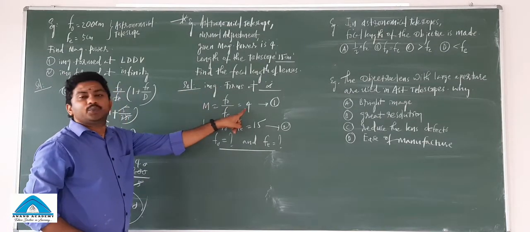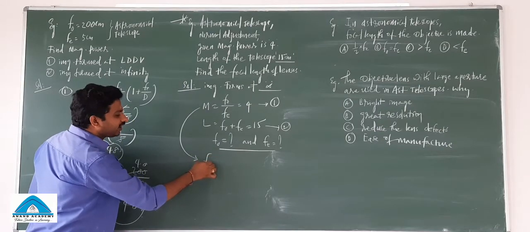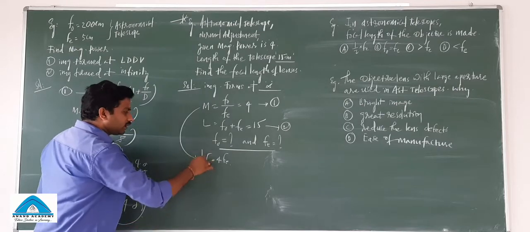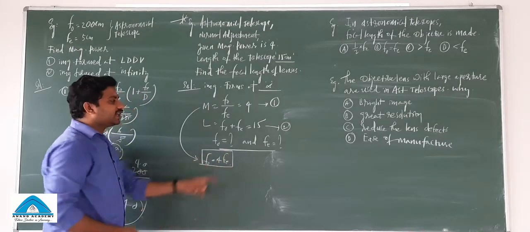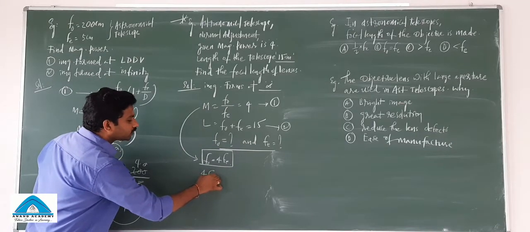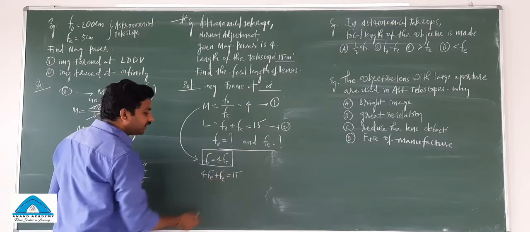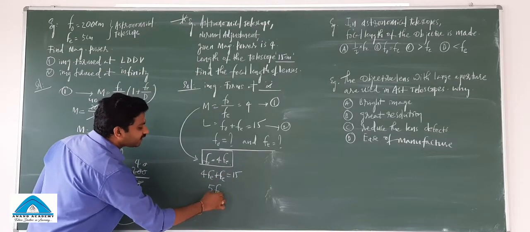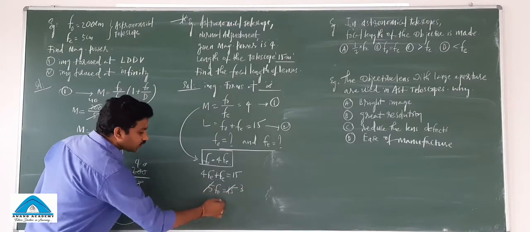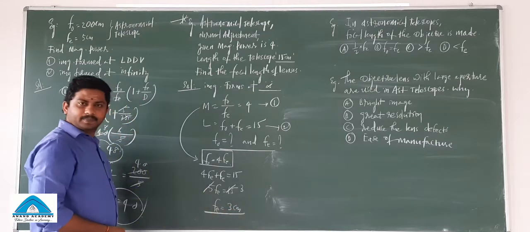Now from equation 1, what I can write is f naught is equal to 4 times fe. Let me substitute this in the length of the telescope. F naught is 4 times fe, plus fe is equal to 15. So this is 5 fe is equal to 15. So 5 3s, so fe is equal to 3 centimeters.